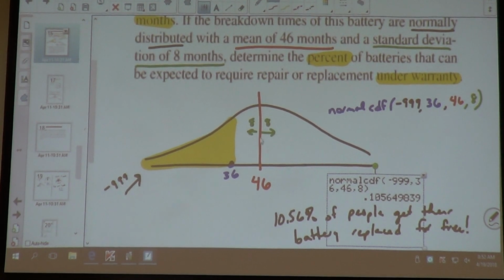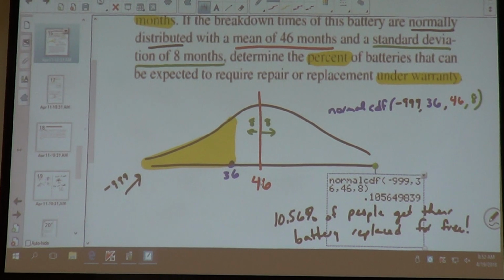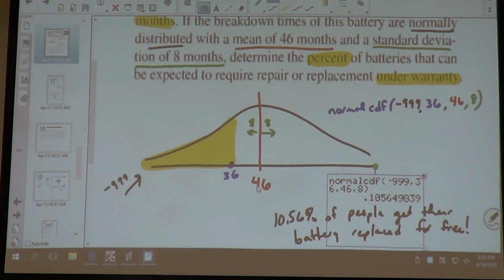So when people did this, most people's batteries died at 46 months. So we said, okay, we can't have a 48-month warranty because most people would get their battery for free. So we gotta make our warranty less than 46 months because we ain't giving batteries away. Y'all with me?